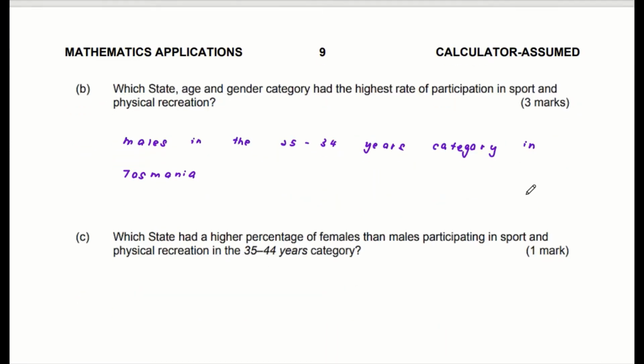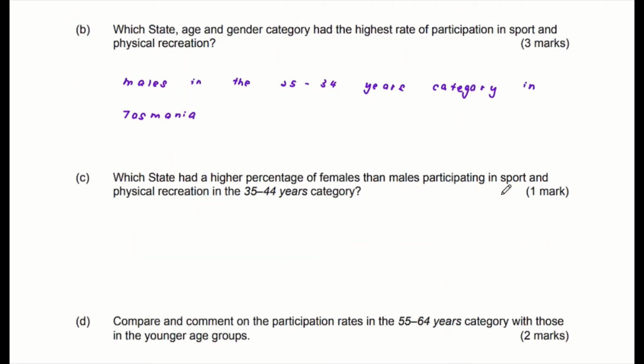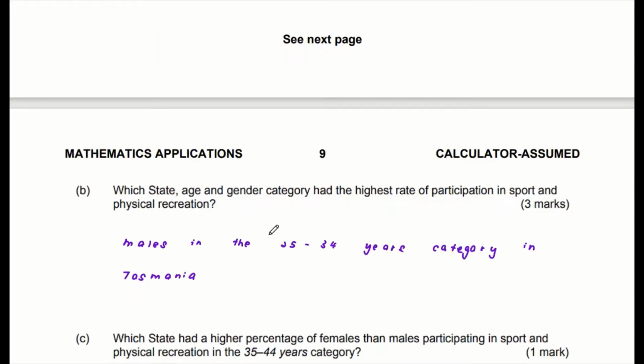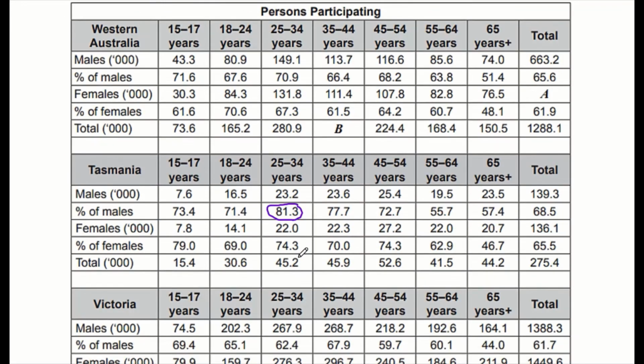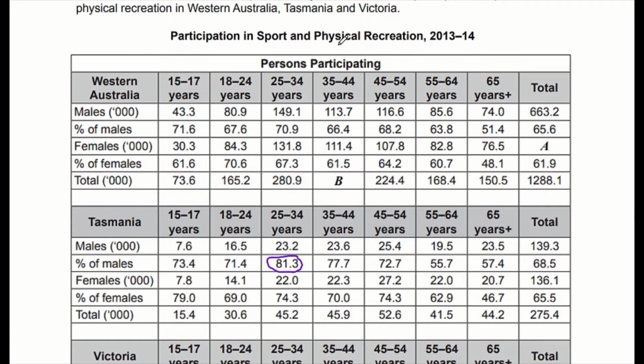Okay, so C: which state had a higher percentage of female than male participating in sport and recreation in the years category of 35 to 44? So we are looking at the column for 35 to 44. In this case, you can see that for this one, male is higher and female is lower.